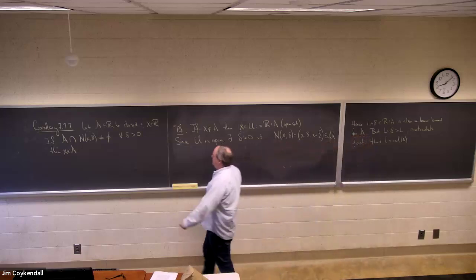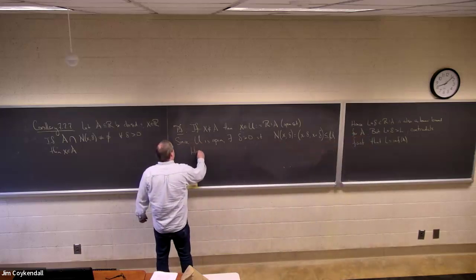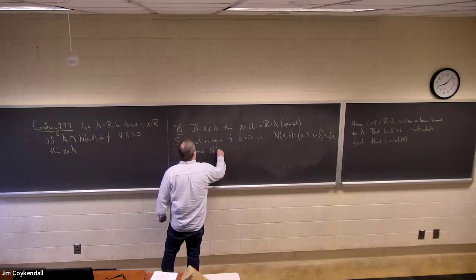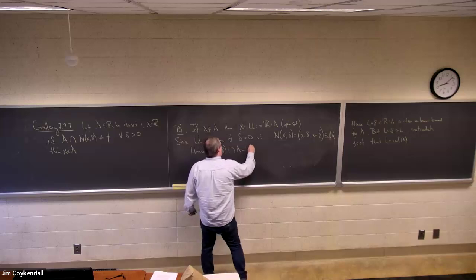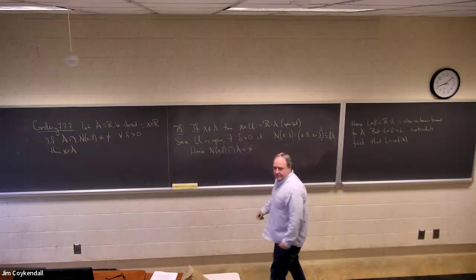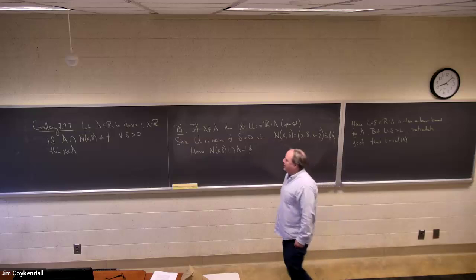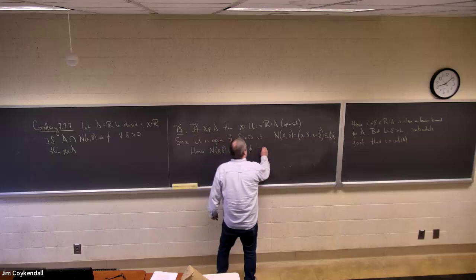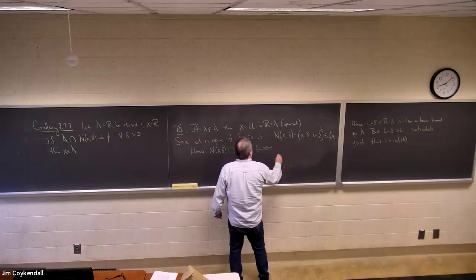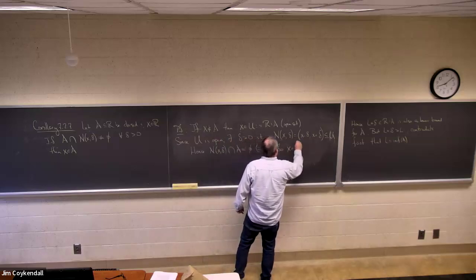Hence, the neighborhood of x with radius delta intersect A is the empty set. But that contradicts our assumption. So x must be in A.